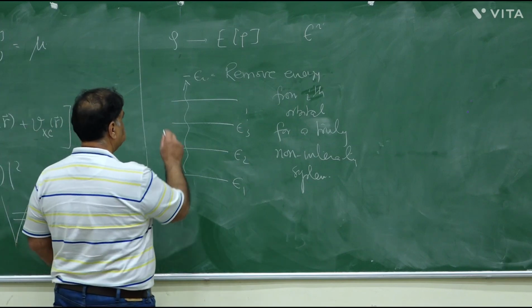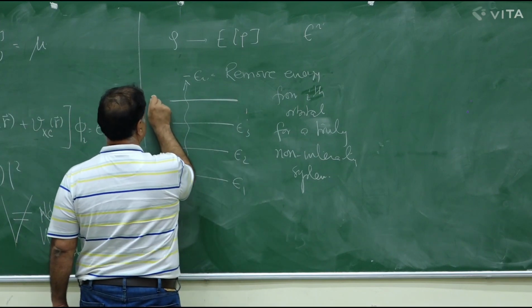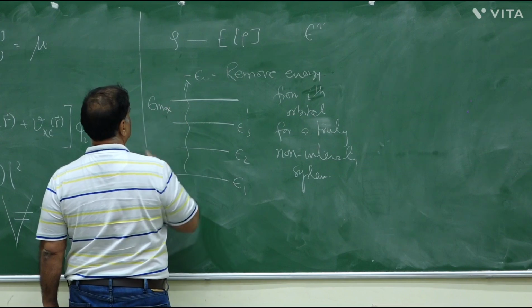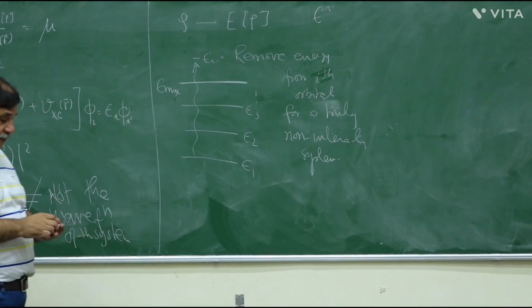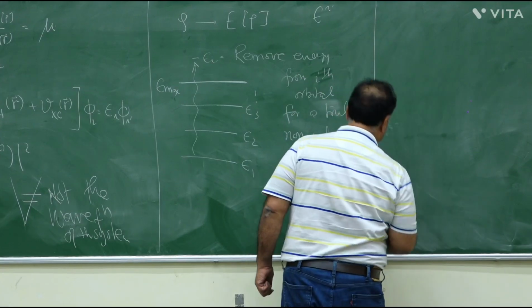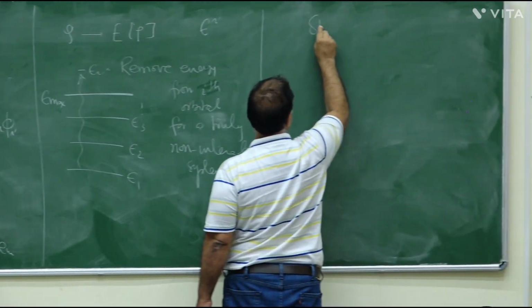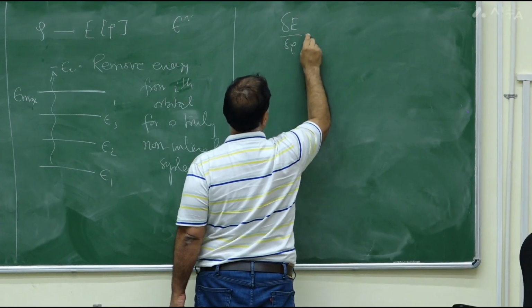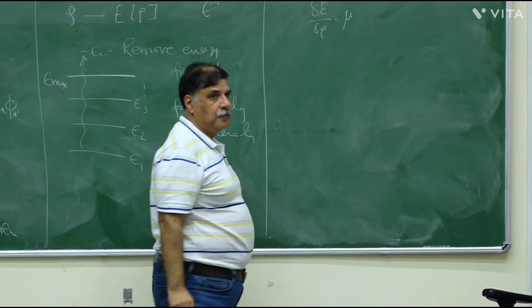However, epsilon max, the uppermost, is a meaningful quantity. Let me just say what it is. Now, in the true theory, I have delta E/delta rho equals mu.